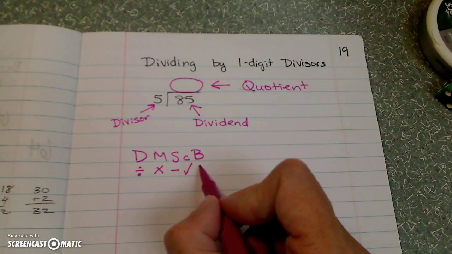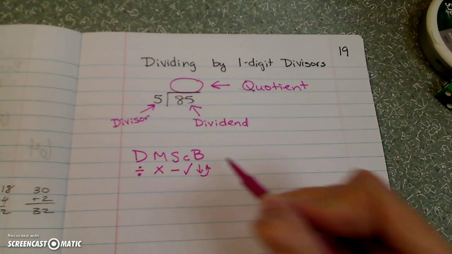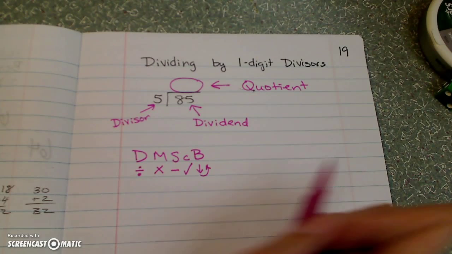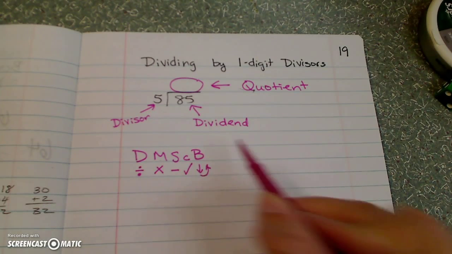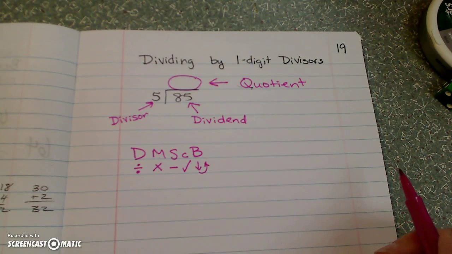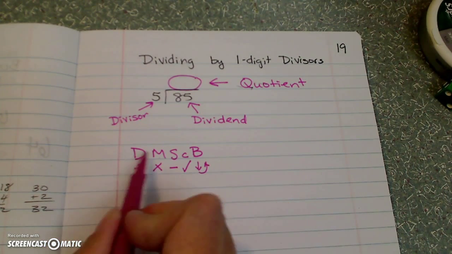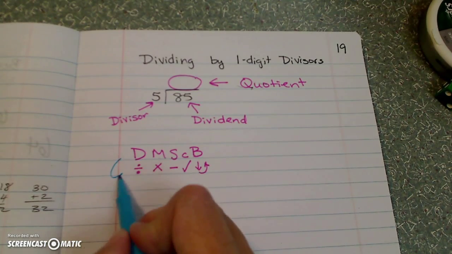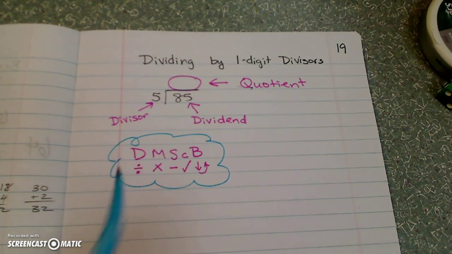And this is bring down, or we might have to bring up. Okay? So Does McDonald's Sell Cheeseburgers? That's going to be our thing to help us remember what to do. Again, write this down. If I'm writing it down, it's important for you to write down. And anytime you do division, you can go and make sure you're doing those steps.